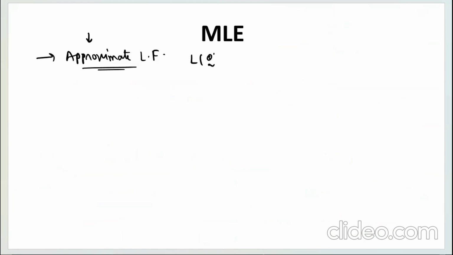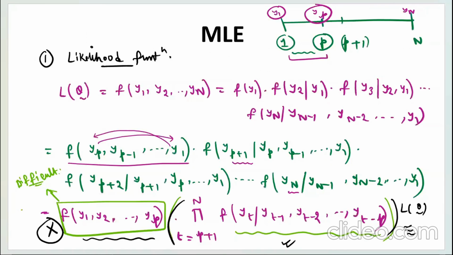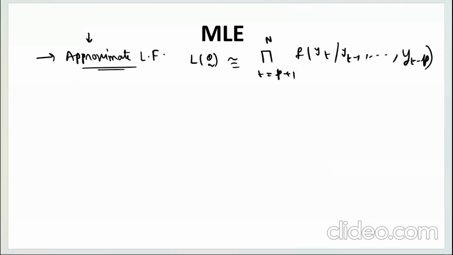So basically, I'm saying that this will be equivalent to, not equal to, the product over t from p plus 1 to n of f of yt given yt minus 1 up to yt minus p. This is the same thing as we have written here, in the second term.